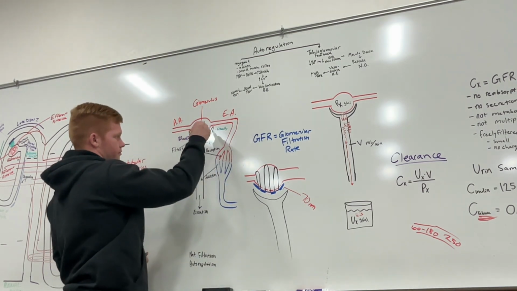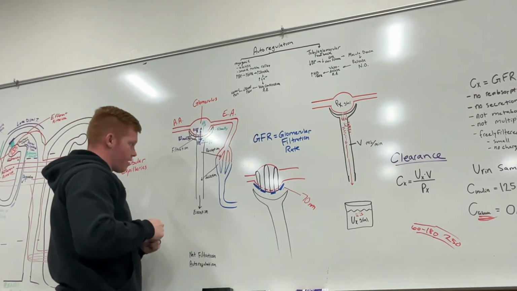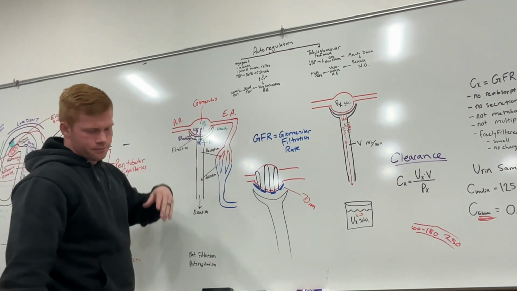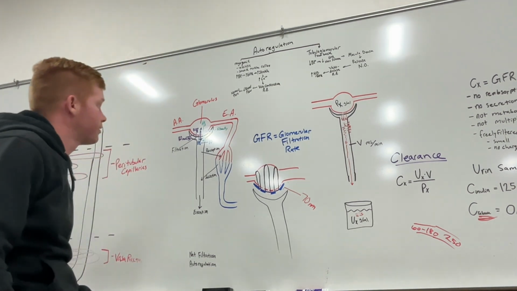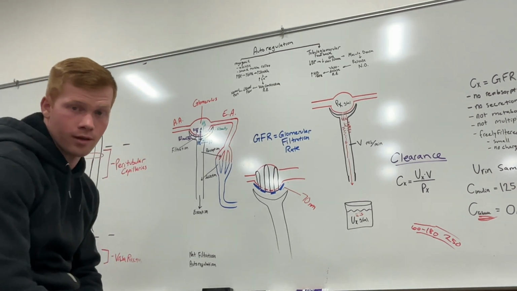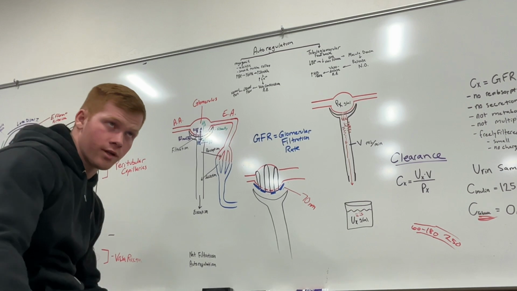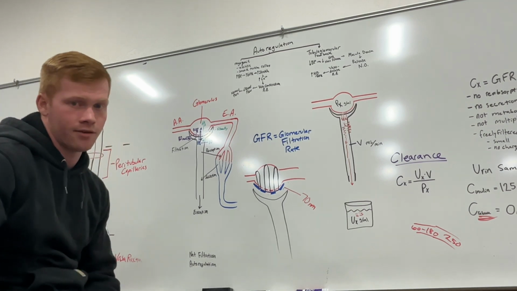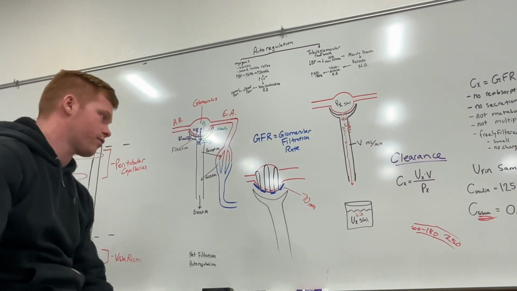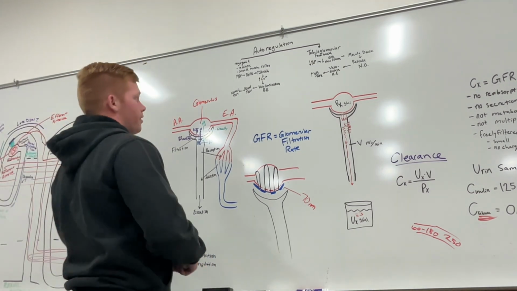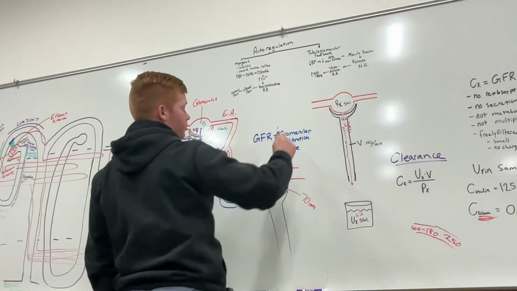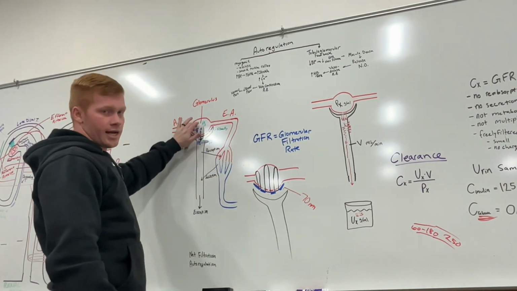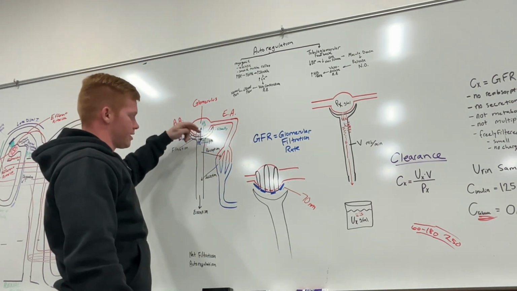Right around somewhere right here with the filtration, if there's high amounts of sodium, it knows that it's like a high blood pressure. But if there's a low amount of sodium, it's like a low blood pressure, or I can use that with a high GFR or a low GFR. In this case, let's say it's a low blood pressure. That low blood pressure is causing low hydrostatic pressure, which is decreasing the net filtration pressure.